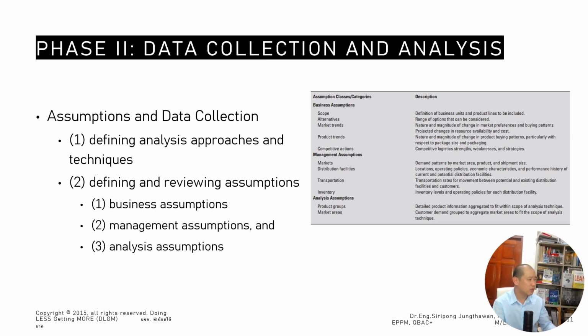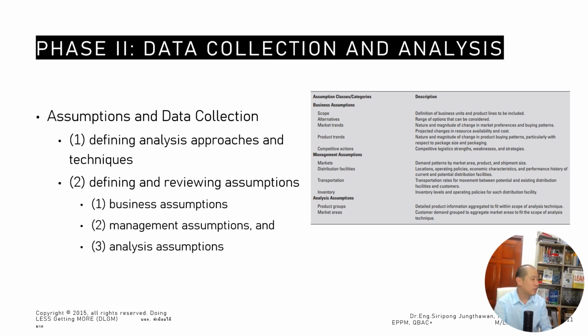In business assumptions, you have the scope and the alternatives. You have to know market trend, market preference and buying pattern for your products, and the product trend, whether it is in introduction, going up, maturity, or decline. Then competitive action: when you set up a new product, new system, or new supply chain, you have to compare to other companies and competitor advantage, linking to the weakness, strength, or strategy they use.